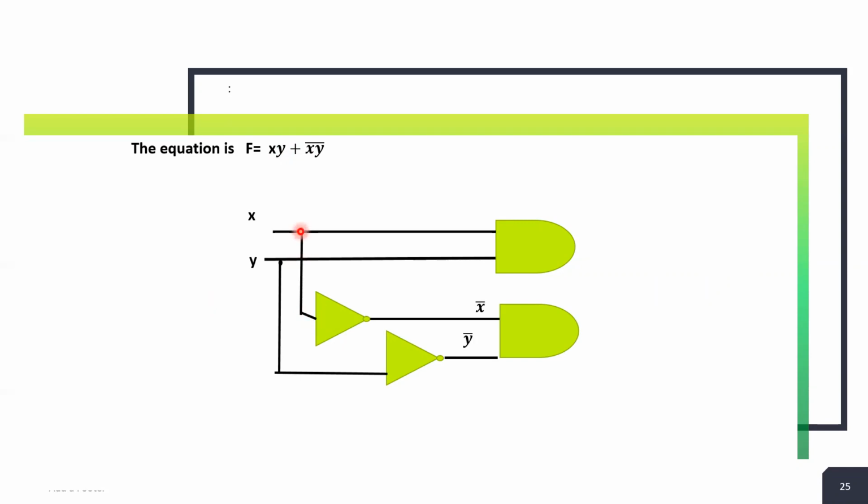Okay, we can connect it instead of using extra cable separately. According to this, we take the value XY, and then the value X complement Y complement. Got it? And due to the positive plus sign, these two AND gates are connected with an OR gate.